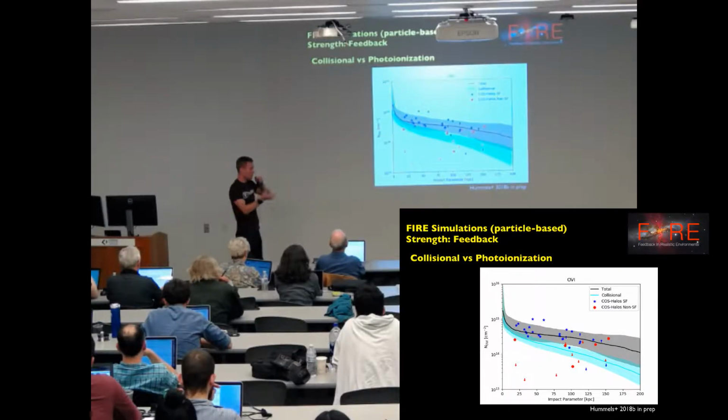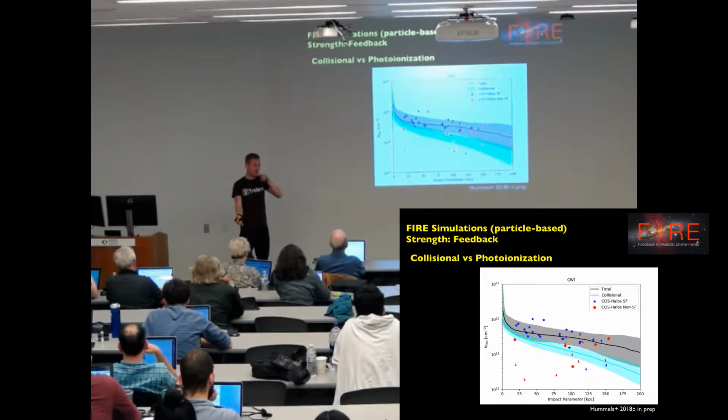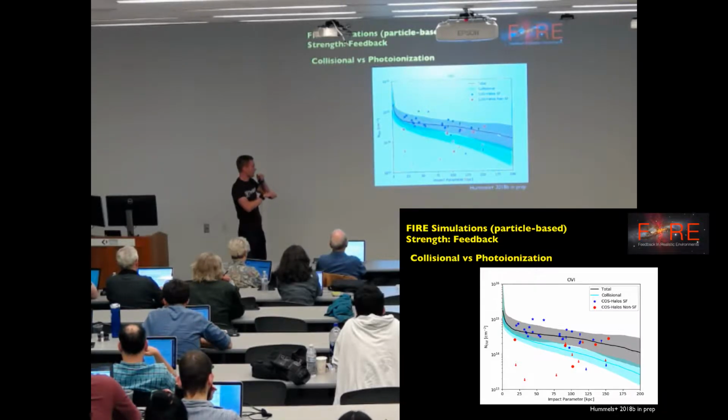So we did, much like what Xijing was talking about, try to analyze how much of our O VI content was due to collisional ionization versus photoionization. So I did the same analysis using a collisional ionization equilibrium table for calculating the amount of O VI that was there, and that's represented here in blue. So this is again the radial profile, the amount of O VI versus impact parameter for collisional ionization versus the total ionization.